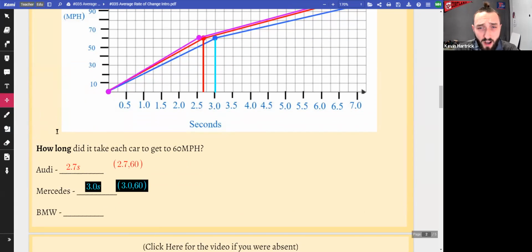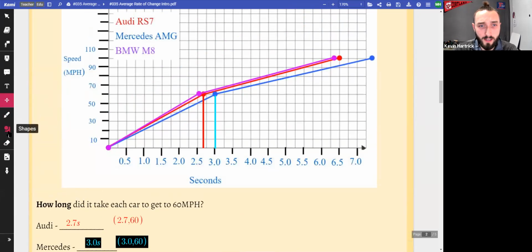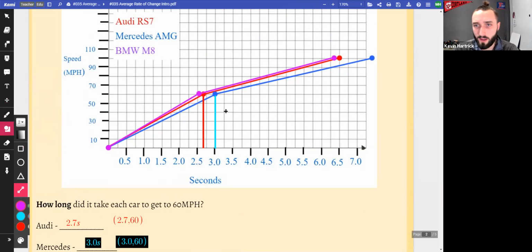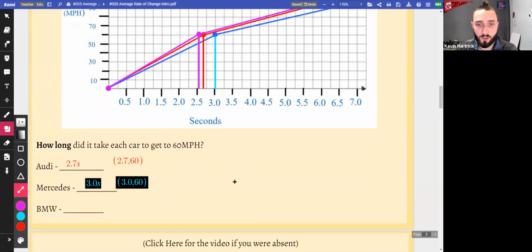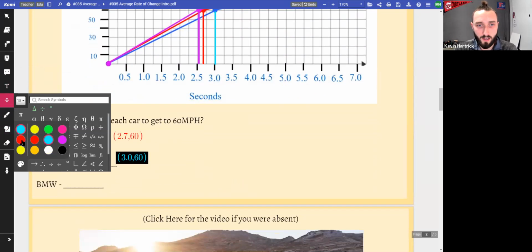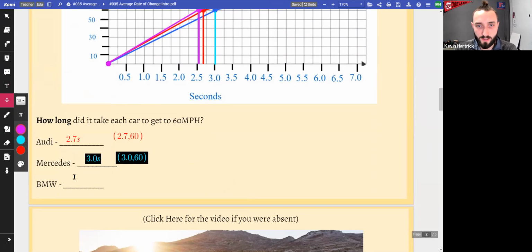So last one, BMW, that's the purple. And let's figure out where they're at. So that's right here, which is a little bit past 2.5. So we'll say 2.6. Just make it easy. Again, we're just making estimates, so it doesn't have to be perfect, as long as obviously it makes sense in terms of the other one.